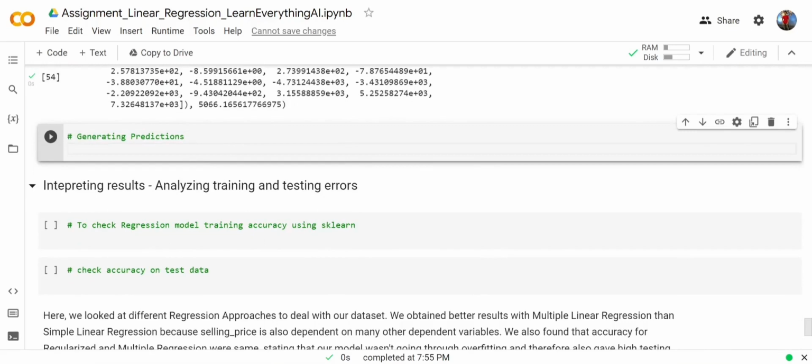We are basically just following the same techniques to regularize our model and to see whether we have actually overfit it or not.